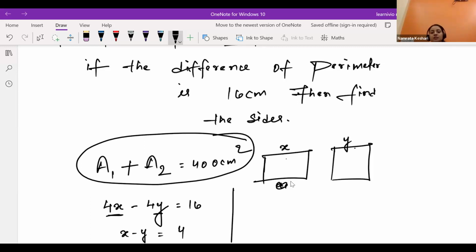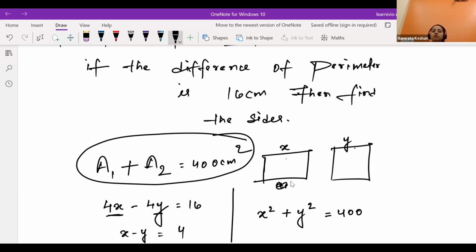And area, if you use this condition and try framing an equation, what will be the formula for area of the square? It is side square, right? So area of one square plus area of another square is given as 400.